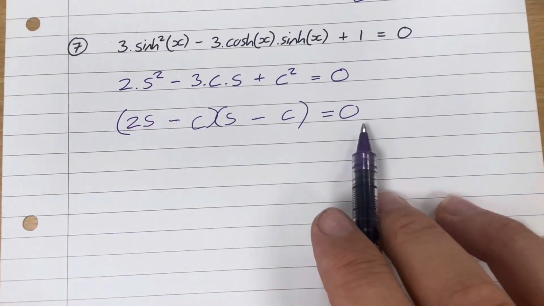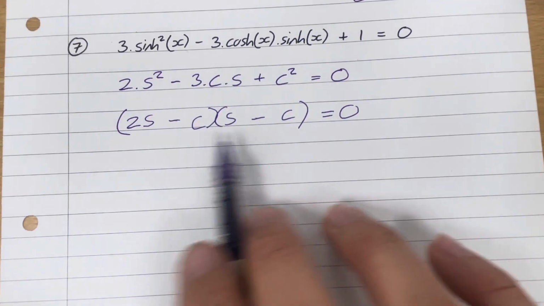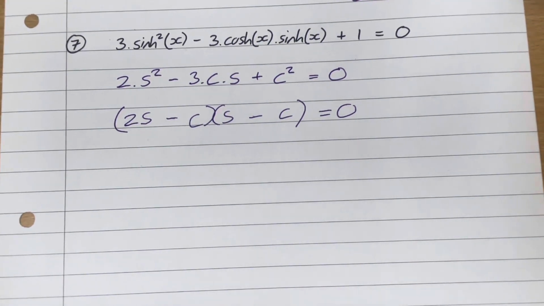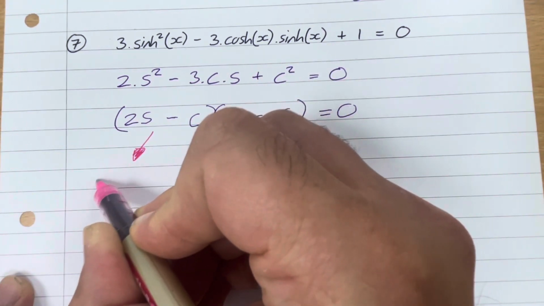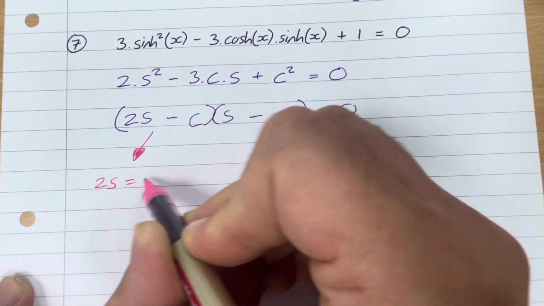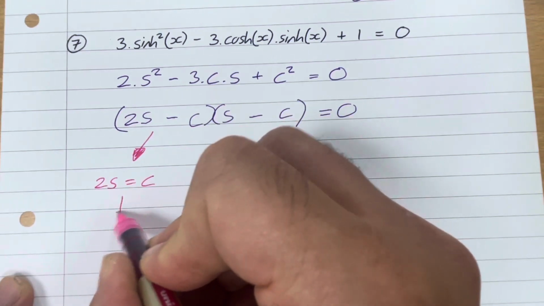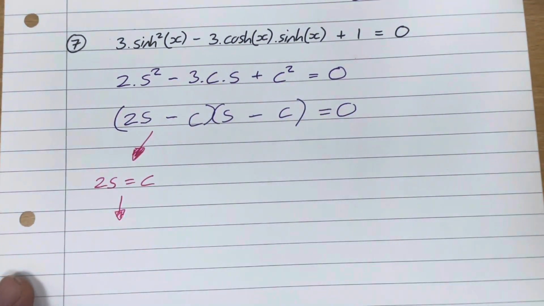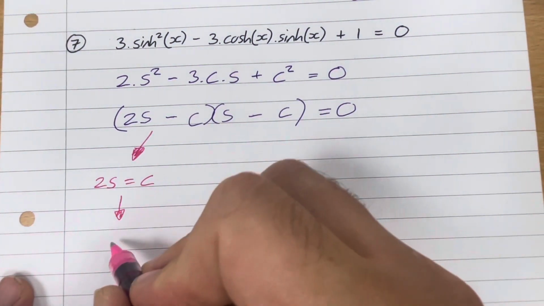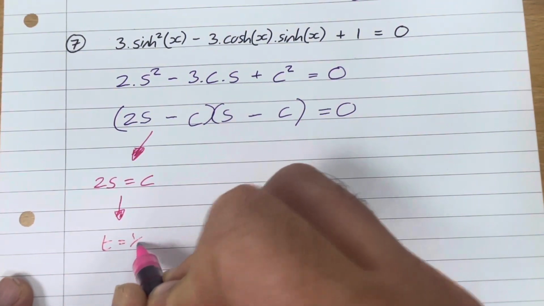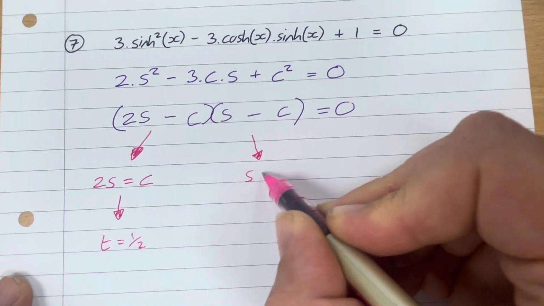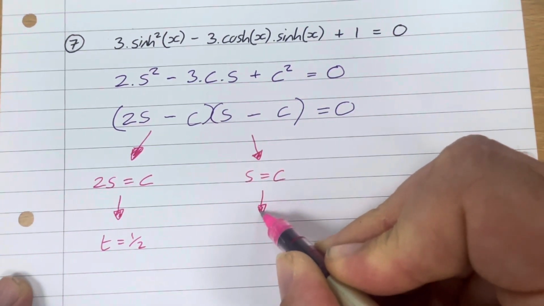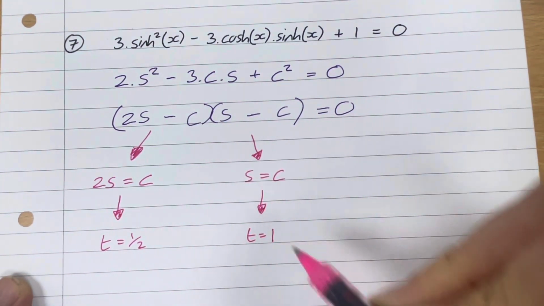Okay, so if this is going to be 0, then that means that one of these brackets must be 0. So if we look at the left-hand bracket, that means that 2 sinh of x is going to equal cosh of x. And we can divide both sides by cosh and 2 to give us that tanh of x equals a half. Or we have this one here, which means sinh of x equals cosh of x, and that means that tanh of x equals 1.